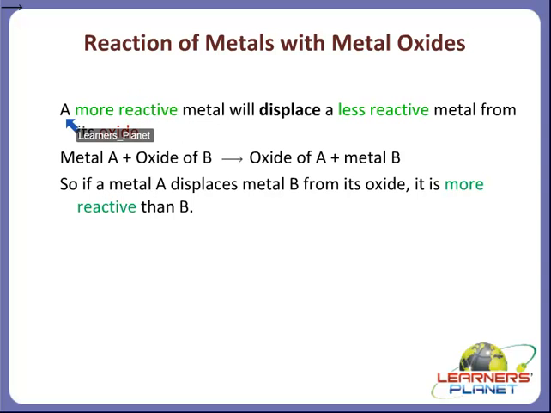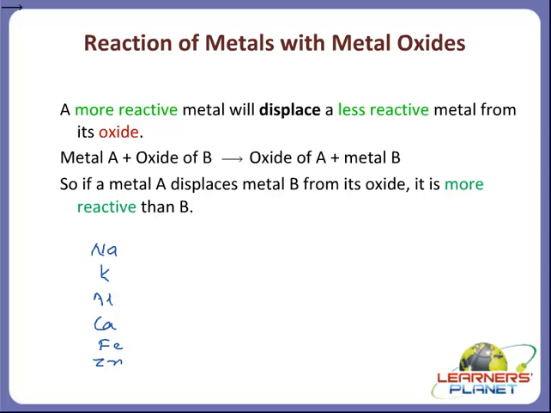Now in this case, children, a more reactive metal will displace a less reactive metal from its oxide, meaning metals lying above hydrogen like sodium, potassium, aluminium, calcium, iron, zinc.